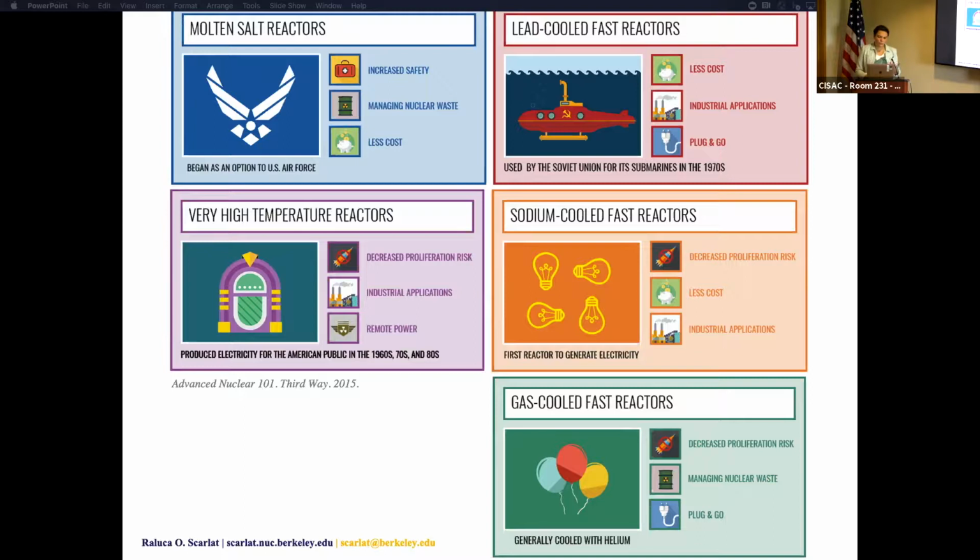And so we could devise what we call fast spectrum reactors that burn these side products of nuclear reactors. There's been quite a bit of research on fast spectrum reactors, whether they are liquid metal cooled or gas cooled reactors.